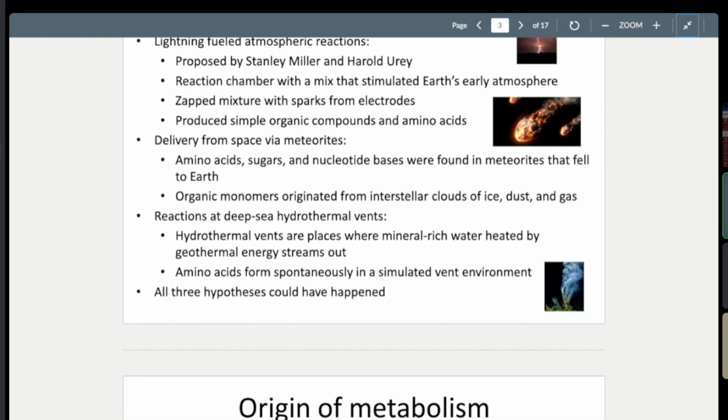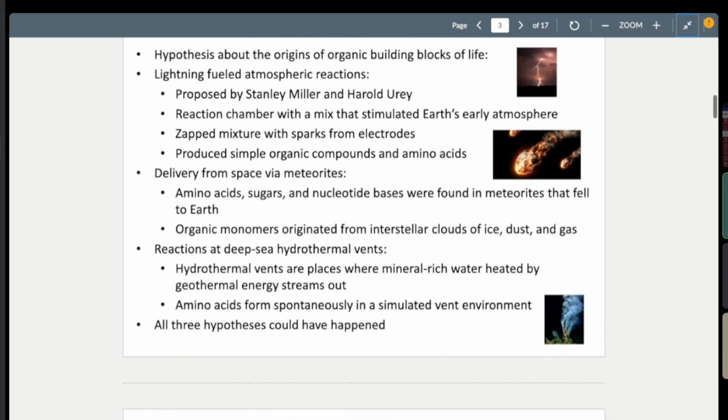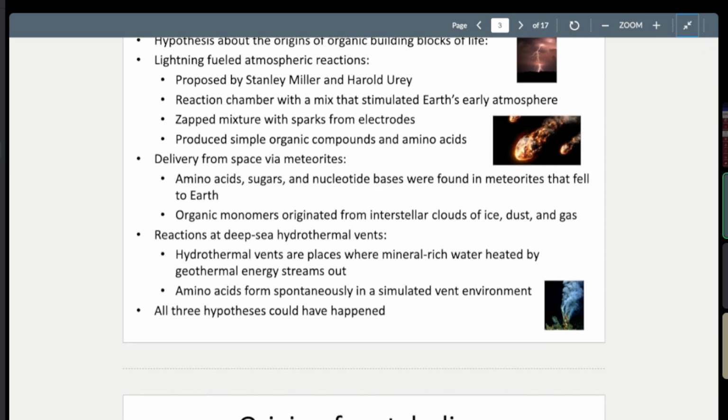Then you have delivery from space via meteorites. Amino acids, sugars, and nucleotide bases were found in meteorites that fell to Earth. Organic monomers originated from interstellar clouds of ice, dust, and gas. These meteorites picked up organic molecules, and when they fell to Earth, they were able to transfer them to Earth. That's where they believe these organic monomers came from.